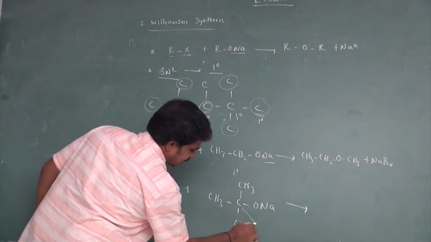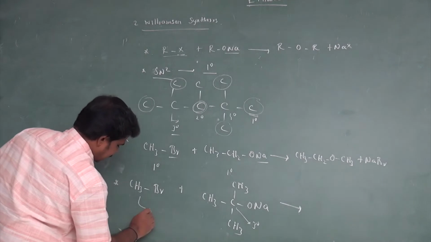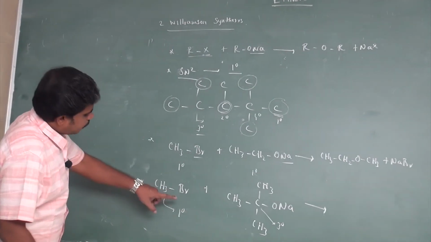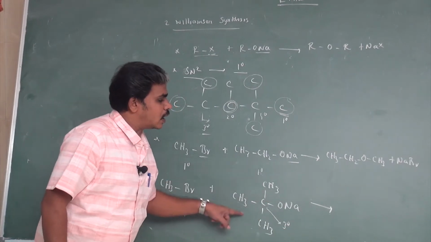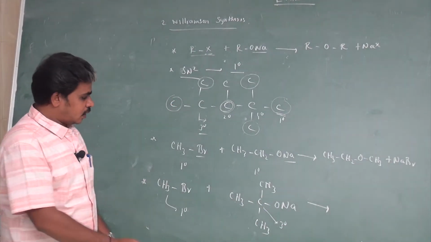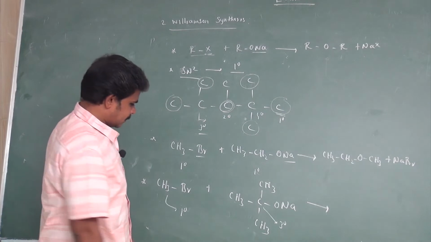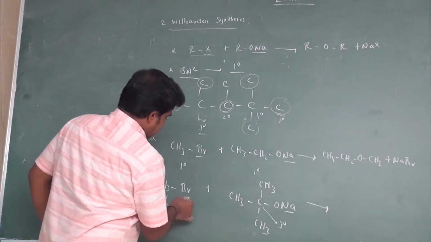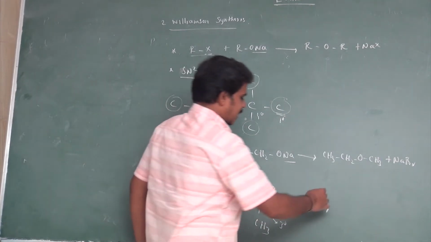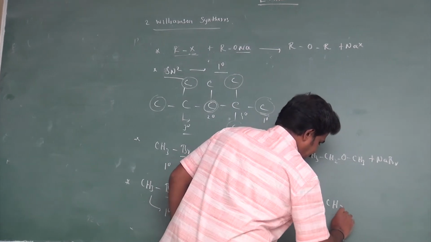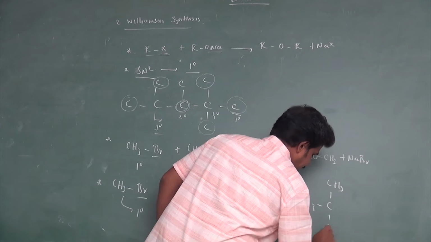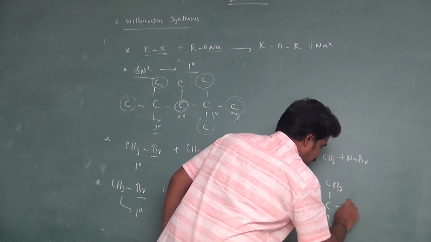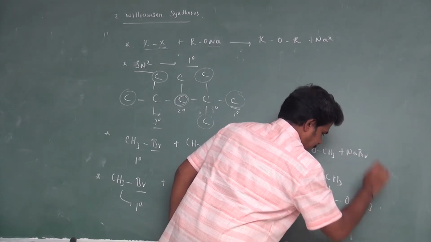So this is the tertiary and this is the primary. So the primary alkyl halide is treated with the tertiary alkoxide. Then we get an ether, along with Na and Br. So we get (CH3)3COCH3.